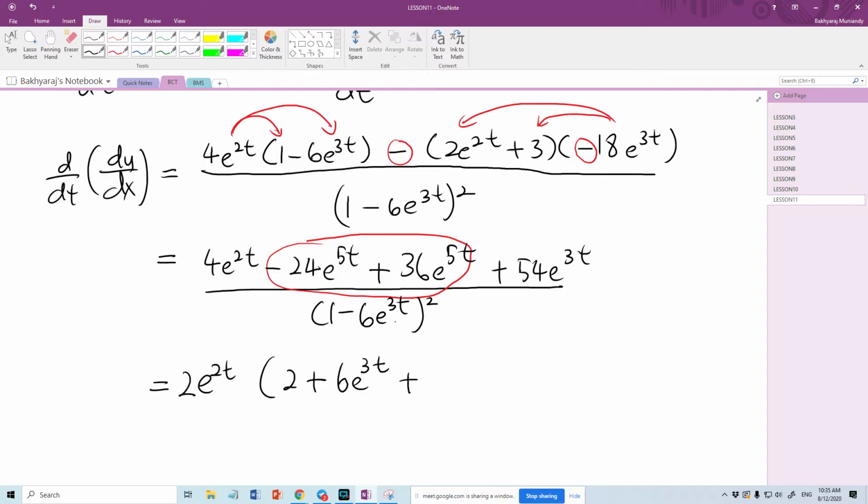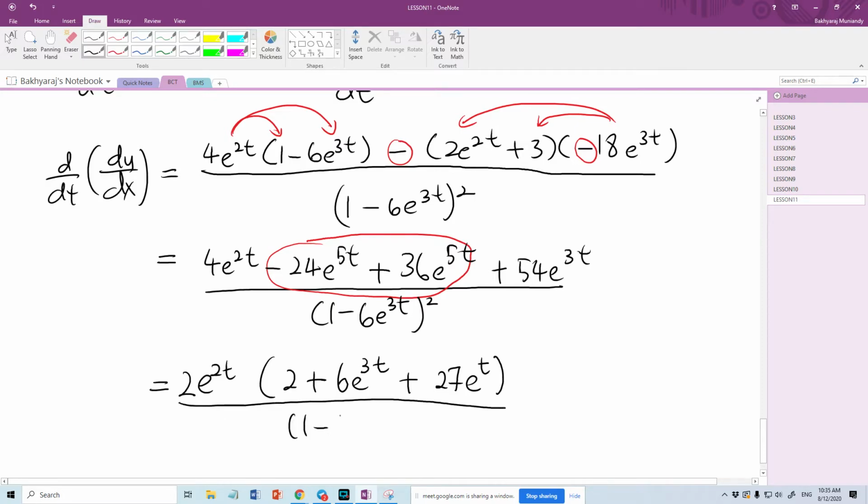And here you get, yeah, correct, here you get 27 exponent t lah. You get exponent t because 2 times 2 plus 1 you get 3 lah, so you just get 27 exponent t divided by 1 minus 6 exponent 3t square.